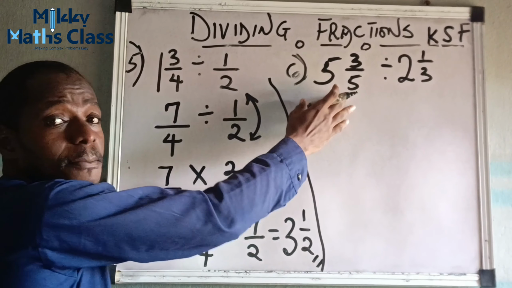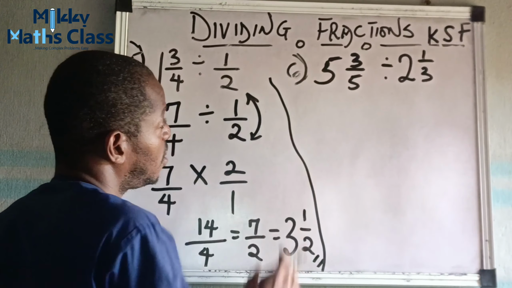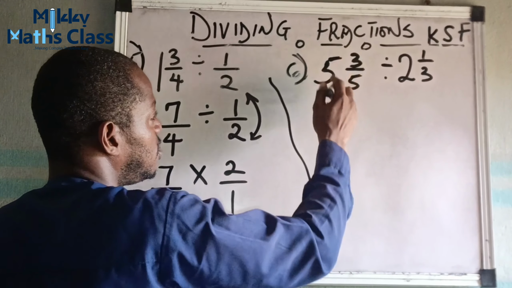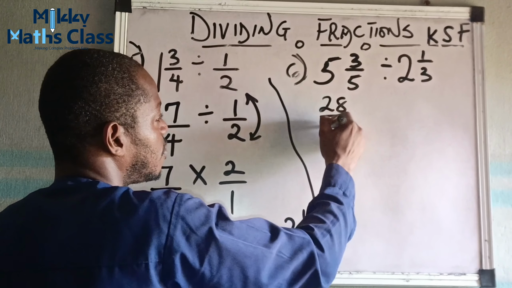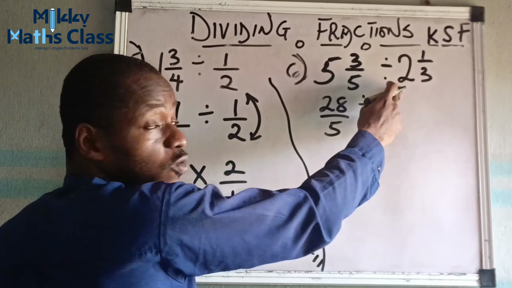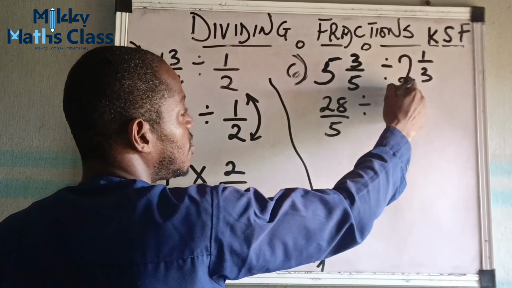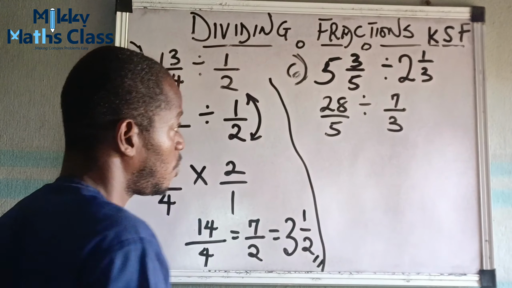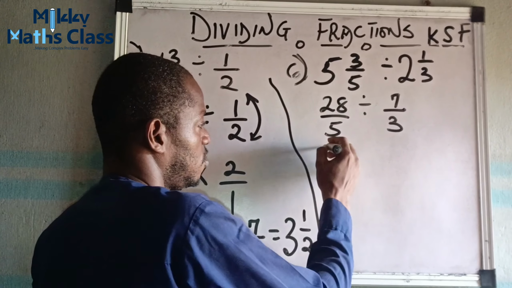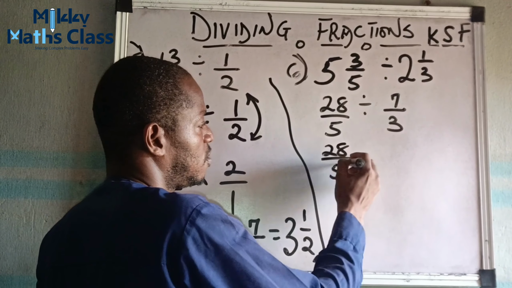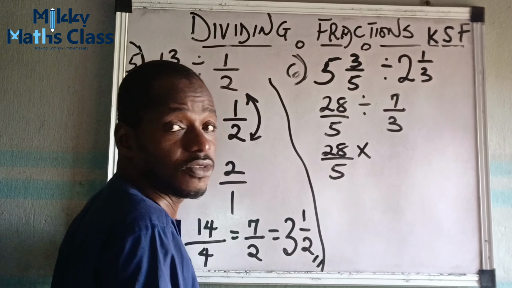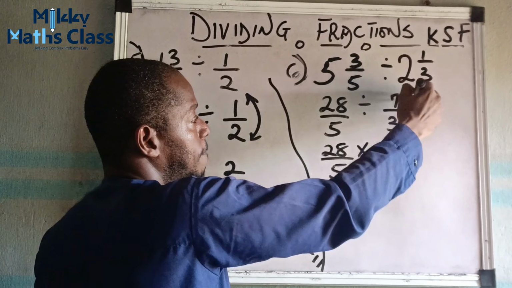We'll convert this mixed number to an improper fraction. So 5 times 5, 25, plus 3, 28 over 5, divided by 3 times 2, 6, plus 1, that's 7 over 3. Now we apply the formula of KSF. We keep this 28 over 5, we switch the sign to times, then we flip this.